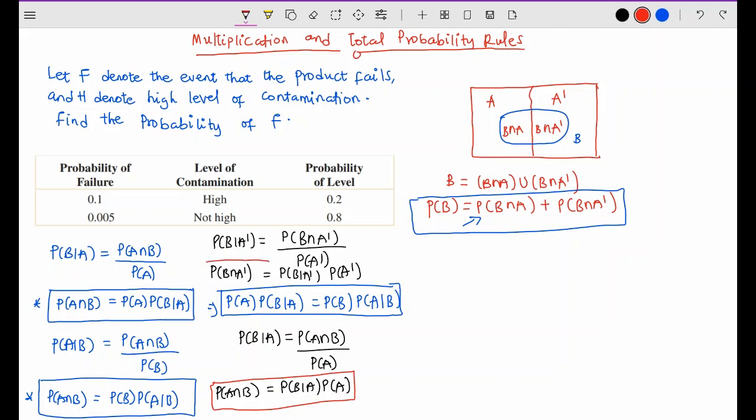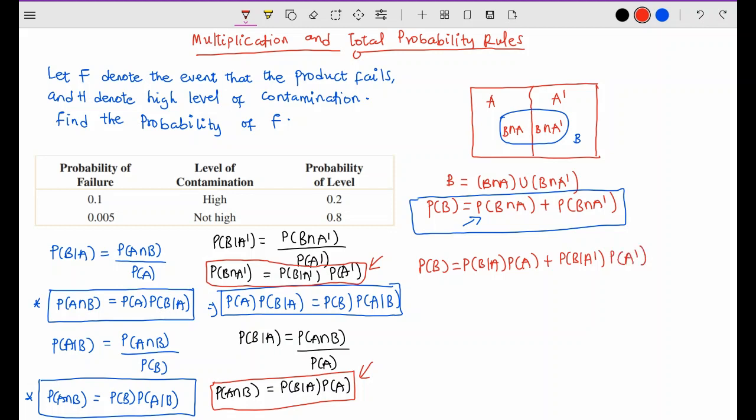So you're going to do this substitution in the total probability formula that we have. Let's look at that. The probability of B is equal to the probability of A intersection B, or B intersection A, and we know that to be what we have here: the probability of B given A has already occurred times the probability of A, plus the probability of B intersection A prime, which is the probability of B given A prime has occurred multiplied by the probability of A prime.